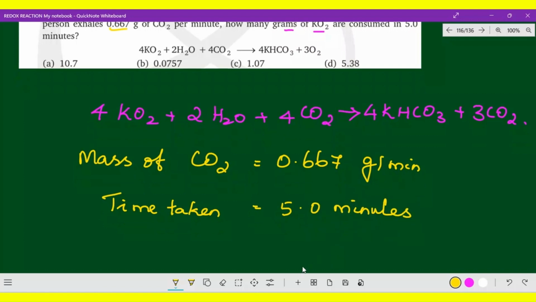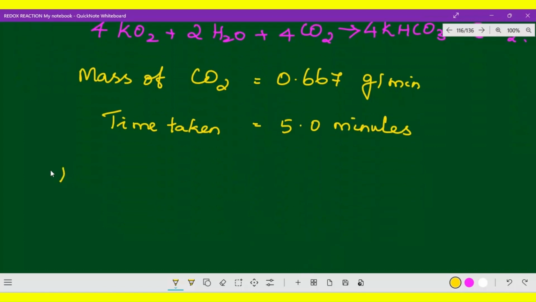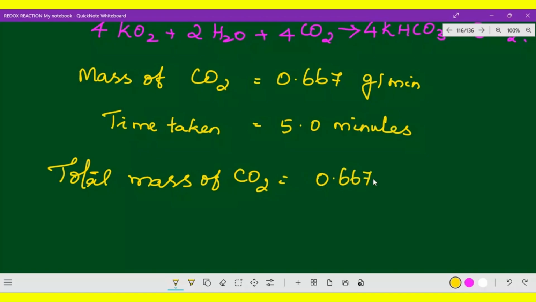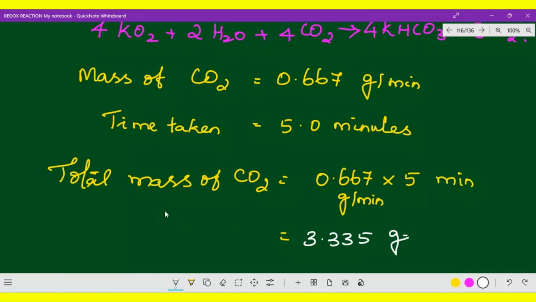Right, now total mass of carbon dioxide equals 0.667 into 5 minutes. This is gram per minute, and that is 5 minutes. So you will get the answer when you calculate: 3.335 grams. So that is the total mass of the carbon dioxide.